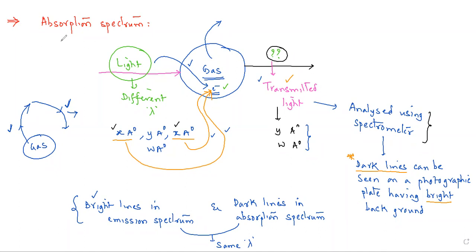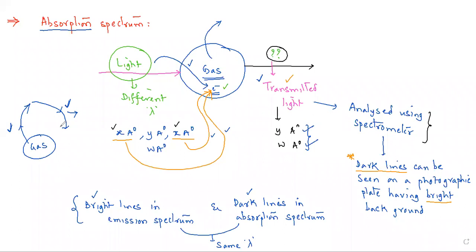This is analyzed for recording absorption spectrum. But of course, we are not talking about the wavelengths that are available; we are talking about the wavelengths that are missing. That is where we get dark lines. Why are they missing? Because they have already been absorbed, so they'll not be there in the transmitted light. That is the reason why you got dark lines in those areas.